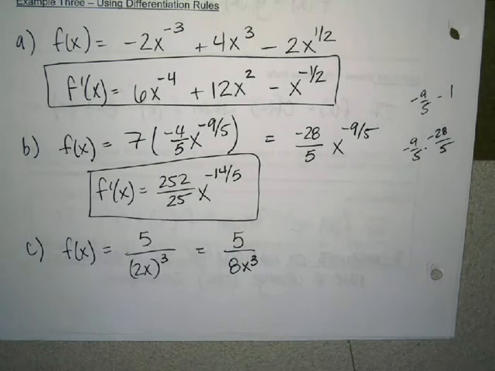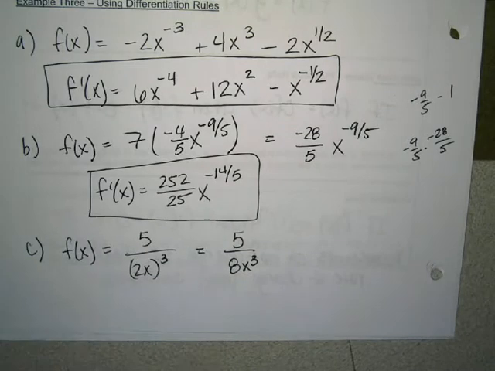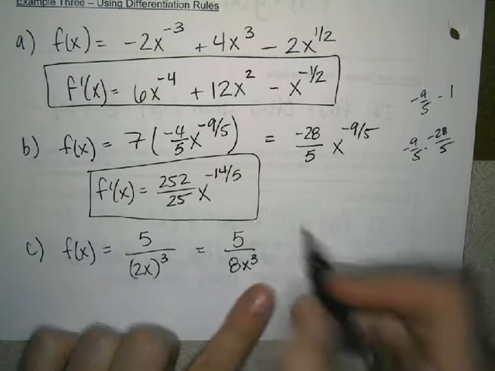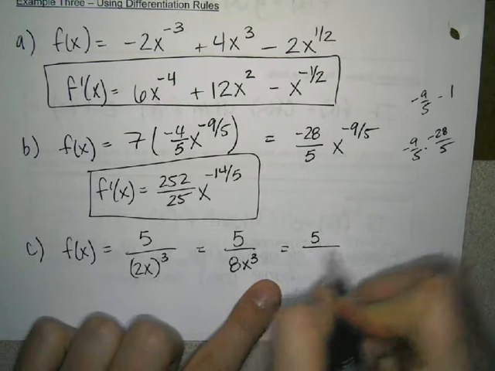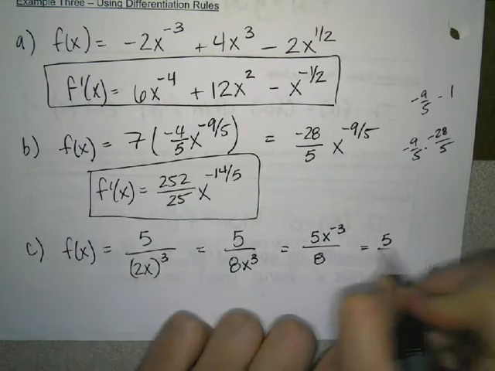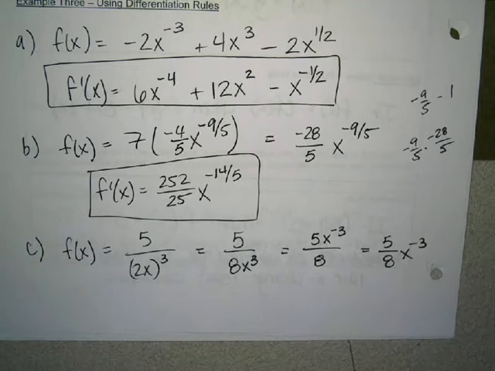So what we can do here is use our rules of exponents and actually bring that x cubed up to the numerator by making it a negative exponent. You can write it like that, or you can write it like this. Because remember with negative exponents, all it means is that you flip it or use the reciprocal.